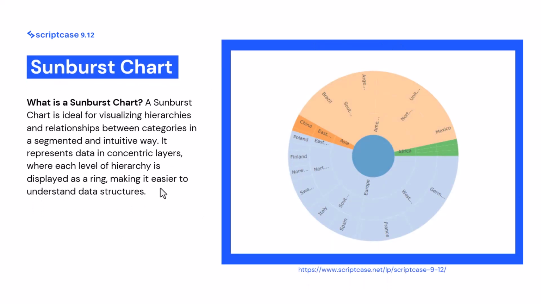The next chart is the Sunburst. It is ideal for visualizing hierarchies and relationships between categories in a segmented and intuitive way. It represents data in concentric layers where each level of hierarchy is displayed as a ring, making it easier to understand data structures.